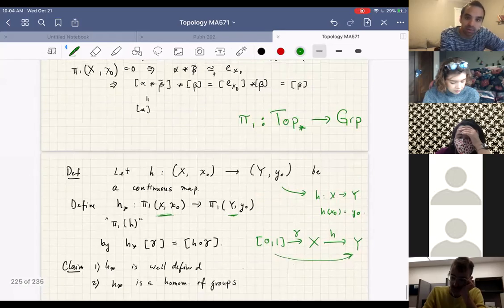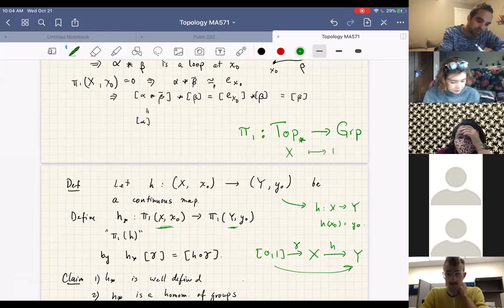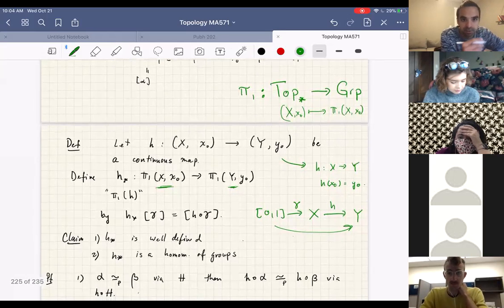It's called category theory. In that language, this says that pi1 is a functor, namely for any pointed space you have a group, and for any map between spaces, you have a map between groups. That's what it means to be a functor.